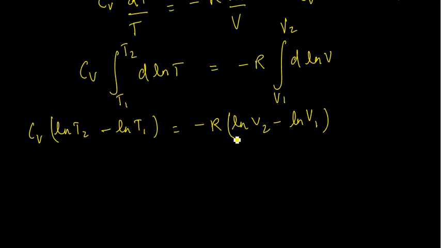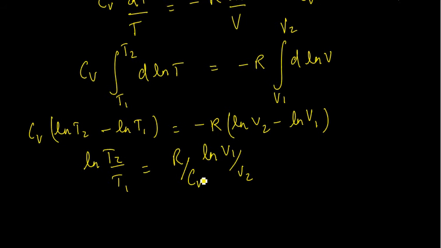Right? Which I could just write as Cv log of T2 by T1 is equal to R log V1 by V2, and then take the Cv on the other side and make the exponential, right?